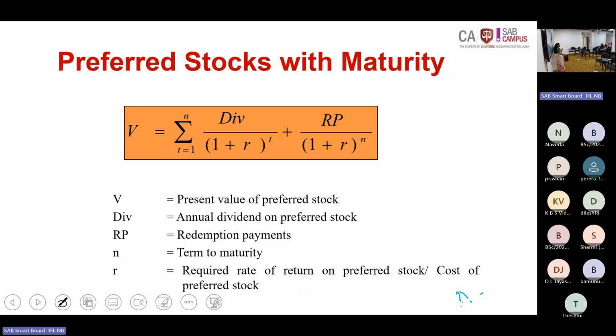Even if the share price changes, they are going to have the fixed dividend, definitely similar to the coupon payment. Is the coupon payment going to change during the maturity period? No, it's not. So the same condition that we applied in the coupon bond valuation can be applied here.